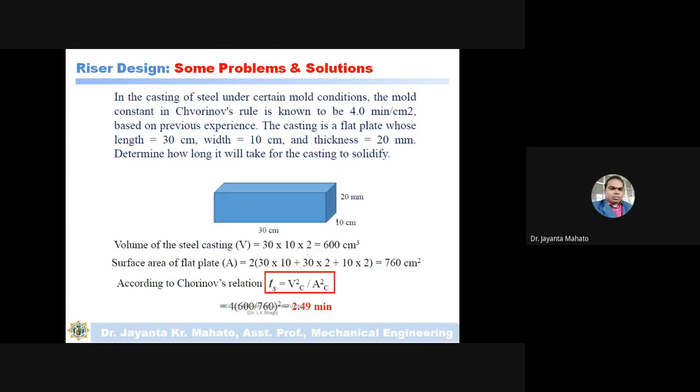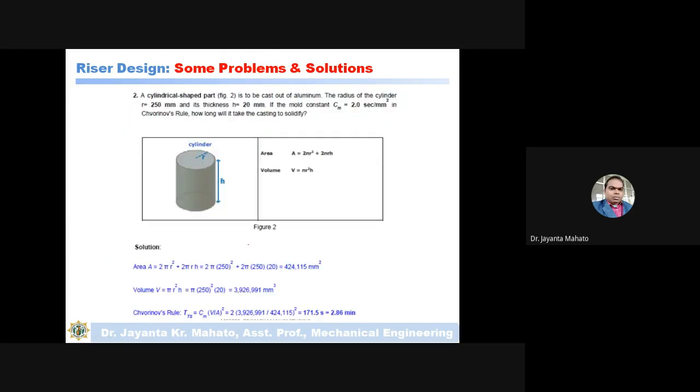Another example. In this case, if the casting product size is like this, then you can easily calculate the volume and the surface area. So by this formula, you can calculate the solidification time easily. Okay.